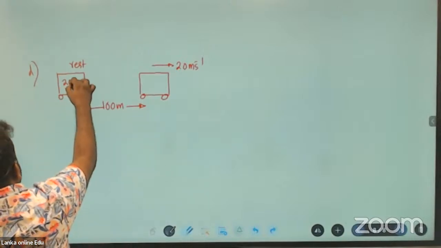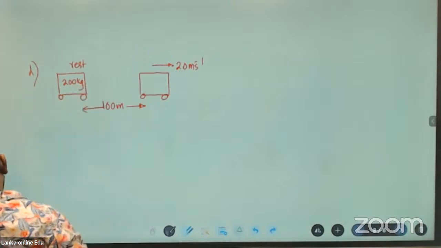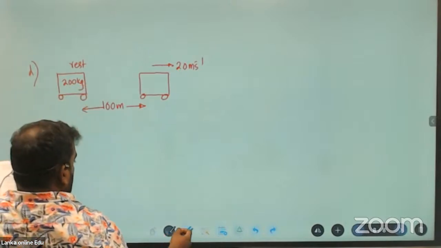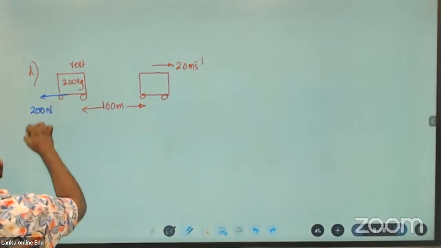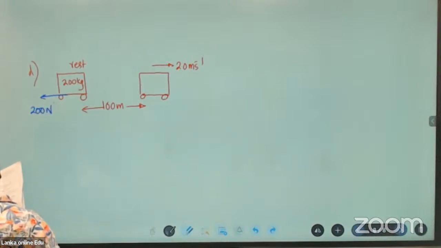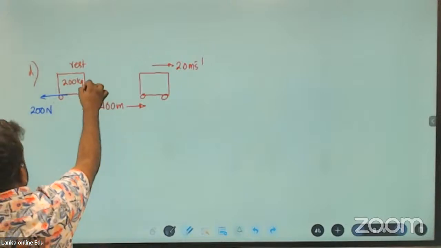Mass of the car is 200 kilograms. Constant resistive force 200 Newton is acting. Find the work done by the engine.